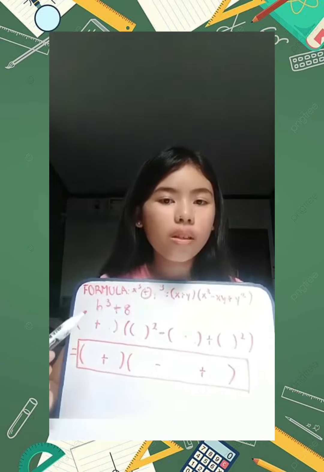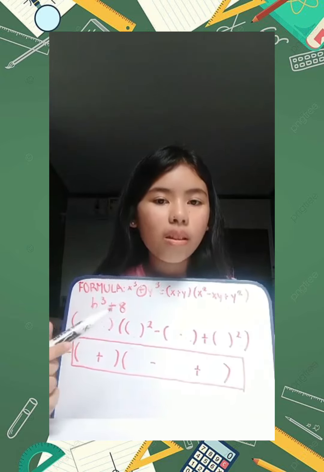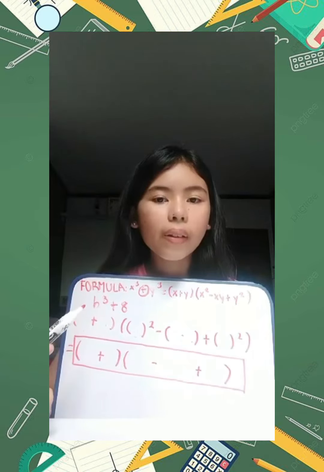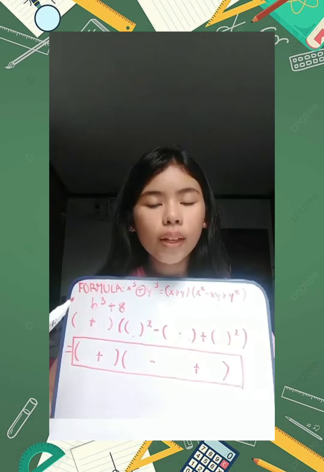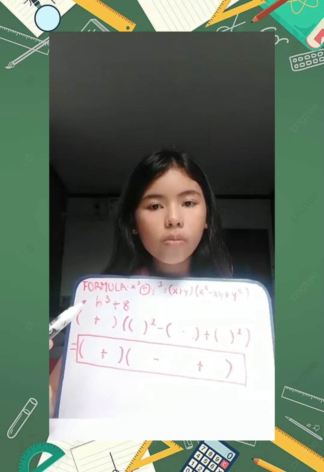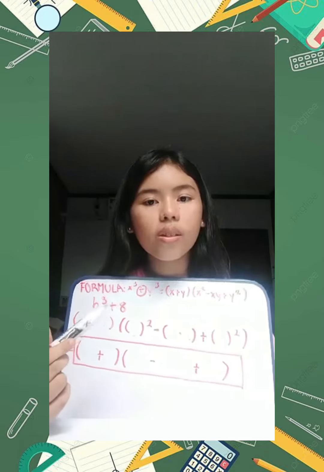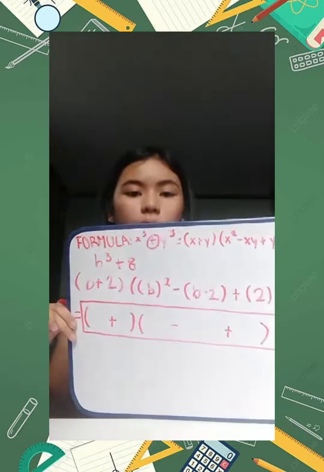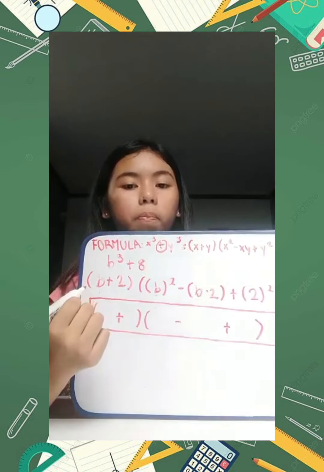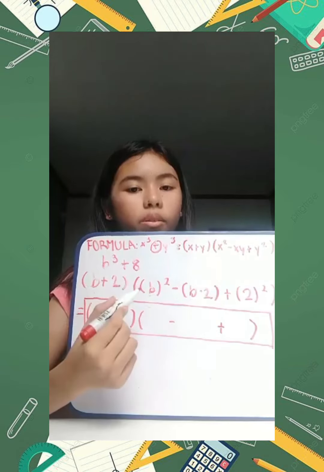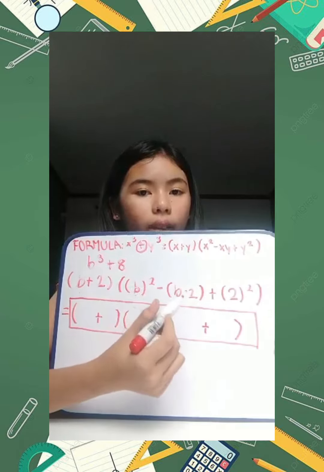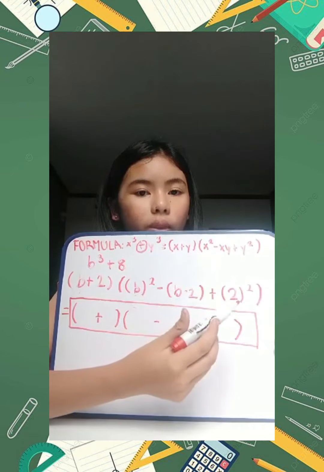So let us solve this. b cubed plus 8. Let's identify the cube root of each term. b cubed is b and 8 is 2. Now we read this as b plus 2 times b squared minus b times 2 plus 2 squared.